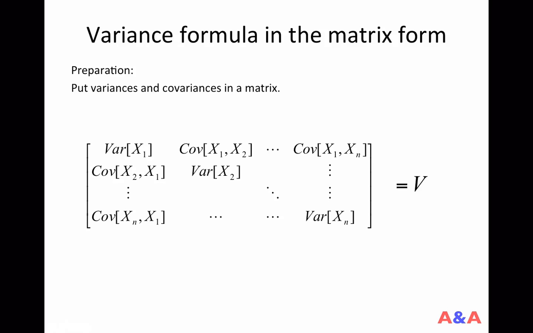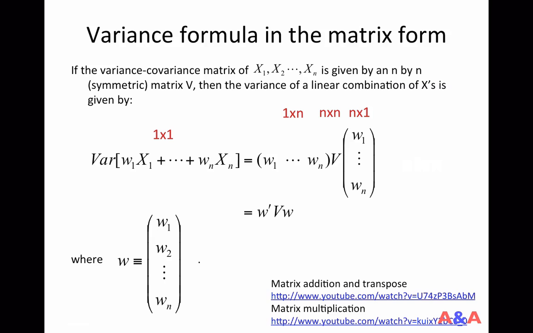Once you get the variance covariance matrix, which is n by n, then the variance of a linear combination of n random variables turns out to be equal to the product of three things: the vector of coefficients in the form of a row vector times V, the variance covariance matrix we made in the last slide, times, again, the vector of coefficients, which is now in the form of a column vector.